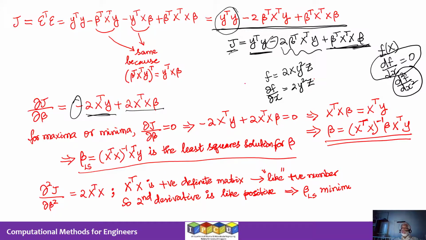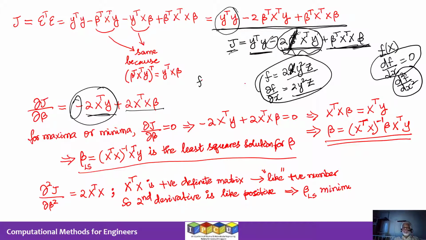Likewise, if the function is 2 beta transpose x transpose y, and you're taking the derivative of that with respect to beta, you're going to knock off this beta term, like you knocked out the x term from here to get the value of the partial derivative in this particular example. So you just knock off this and you get 2y squared z to be the derivative. Likewise, if you take this second term and you're trying to find out the partial derivative of that with respect to beta, this beta term gets knocked off, you will get just 2x transpose y. So that is how you get this.